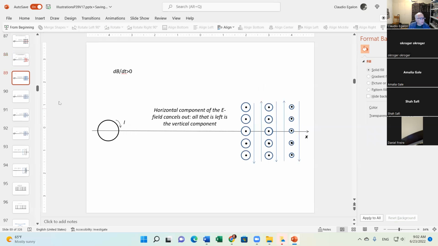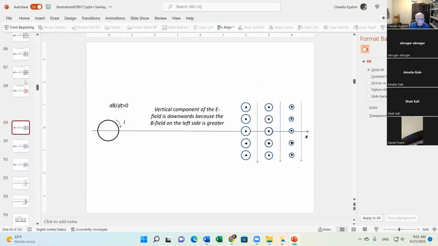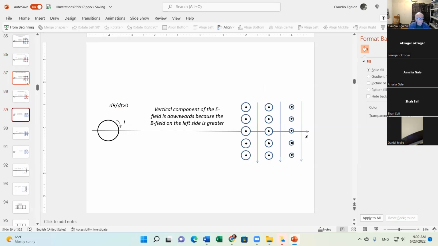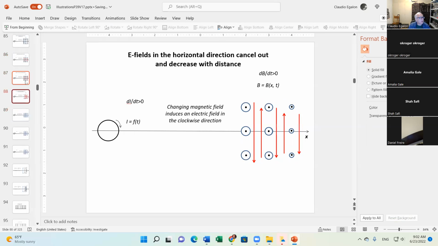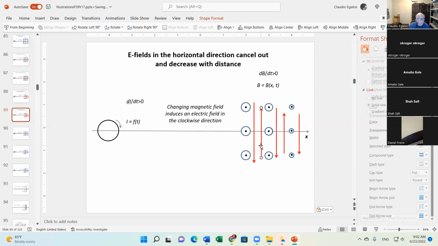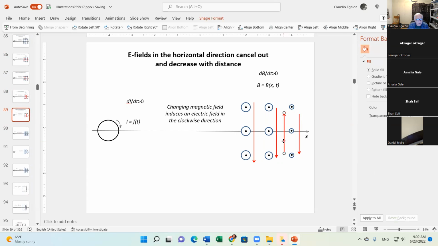So I don't need that anymore. We're coming to the point. And then what's next? Part of this field is going to cancel out with part of this field, right? So the net electric field is going to point downwards, right?